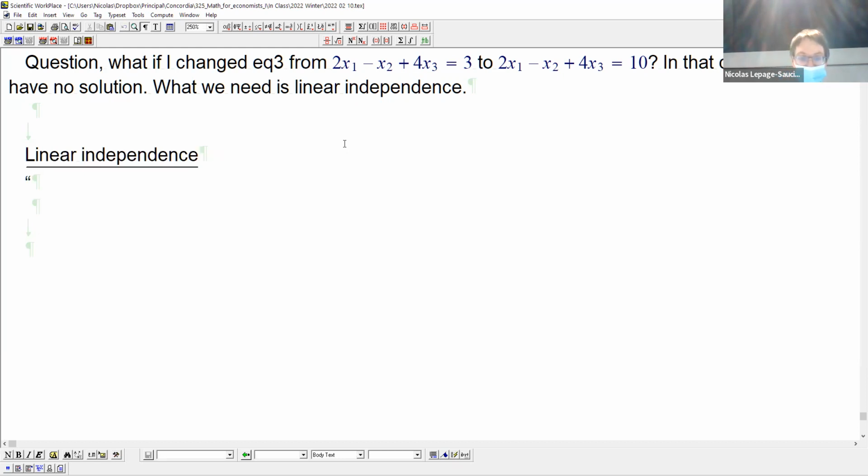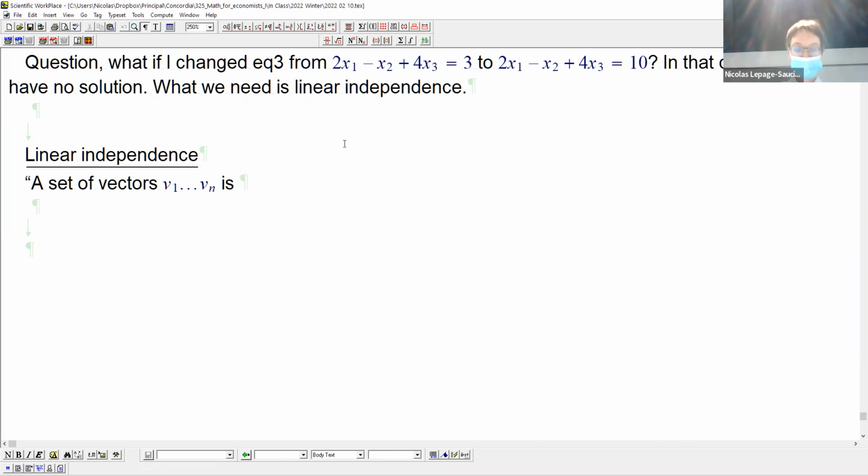And here's the definition. I think I took it from the book. So a set of vectors v1 to vn is a perfectly general definition.